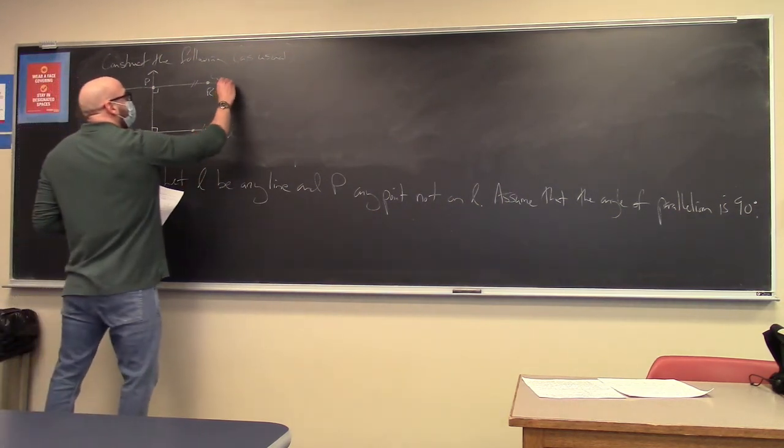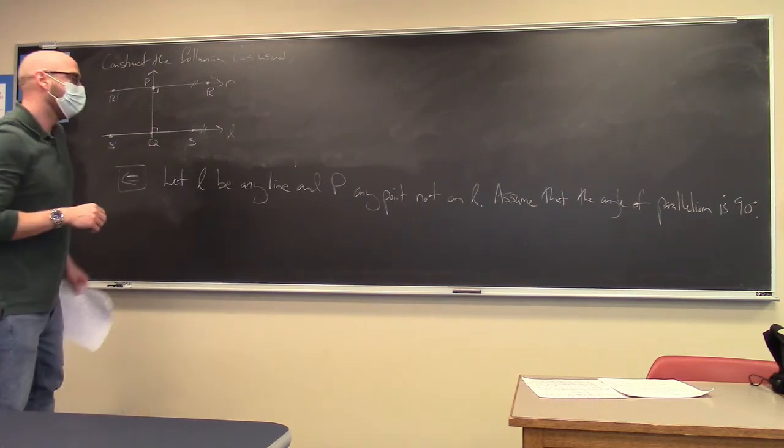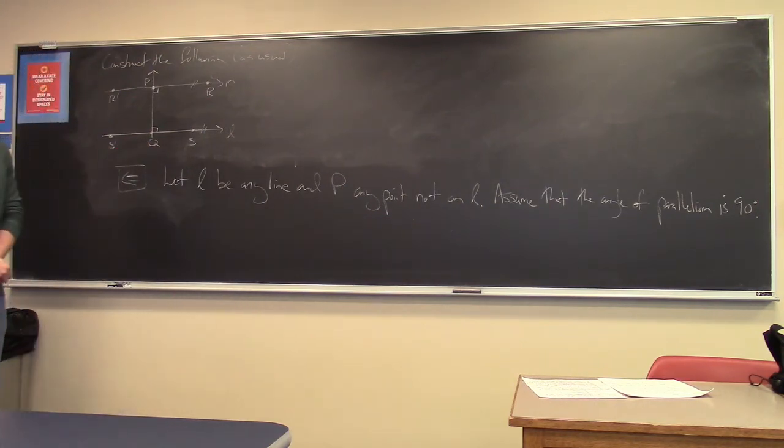Call that line M. So if the angle of parallelism is 90 degrees, why is M the unique line?